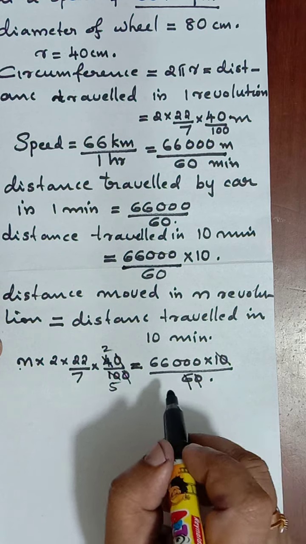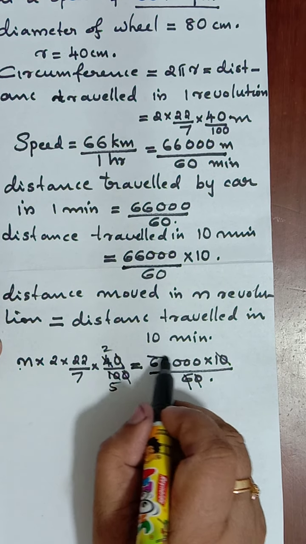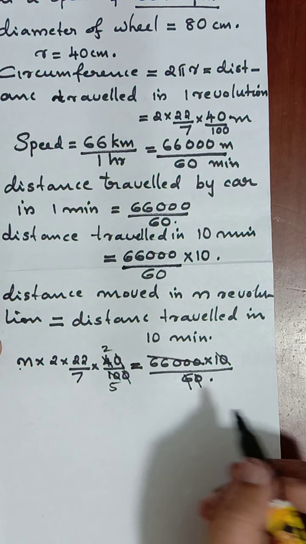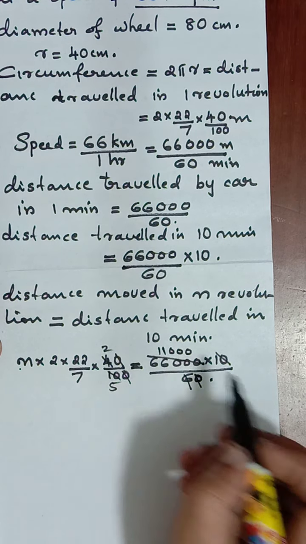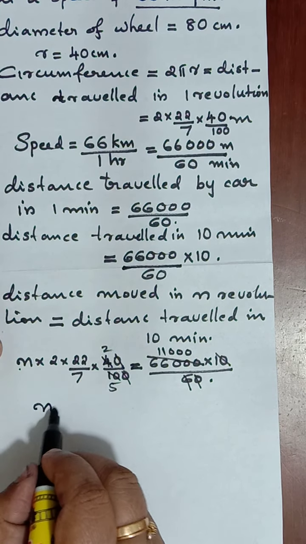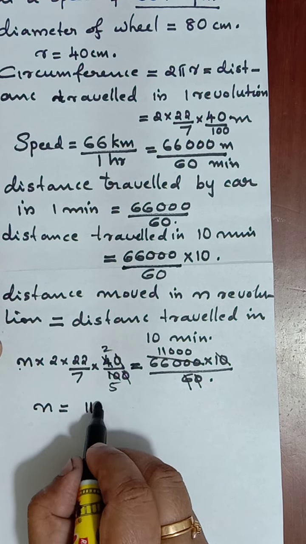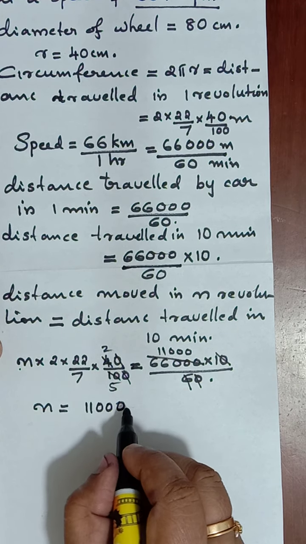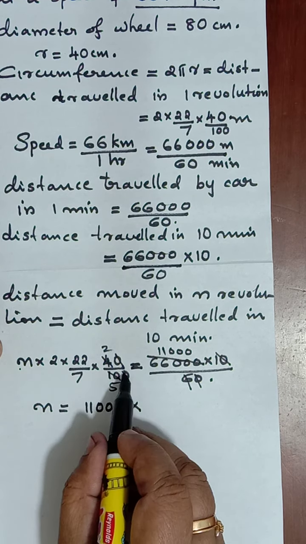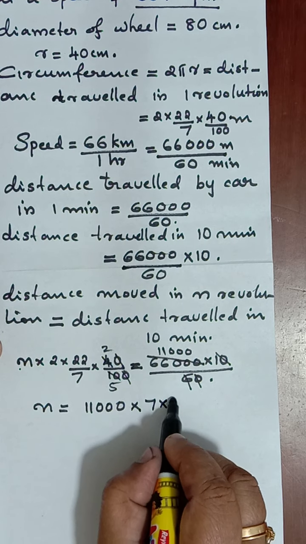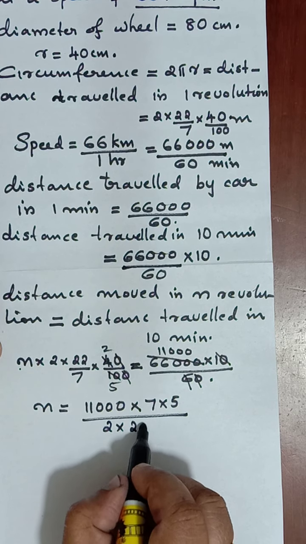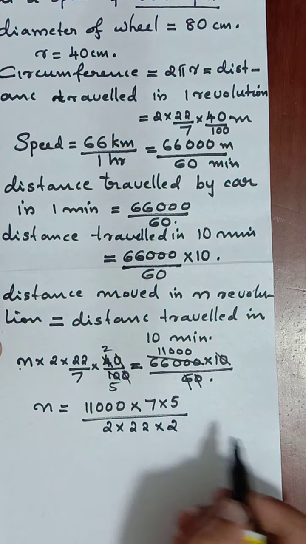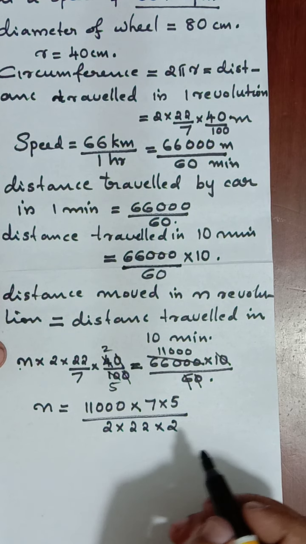Again 6 with this number 66,000, 6 one time, 6 one time, then comes triple zeros. So let n be here, we will transfer everything. So 11,000 into the denominator becomes numerator on the other side, divided by 2 into 22 into 2, you have to cancel and get the value.